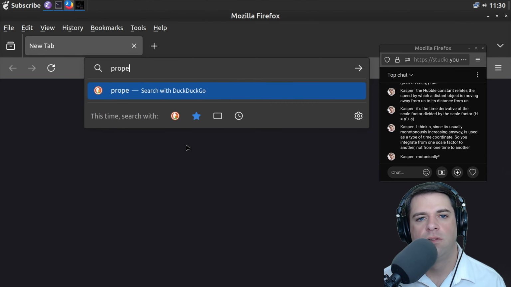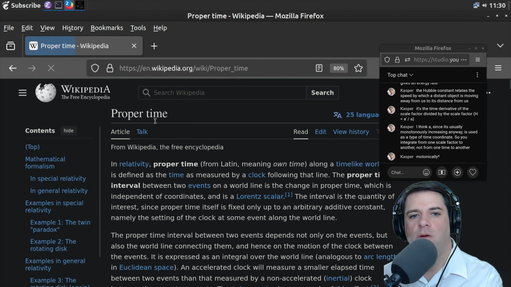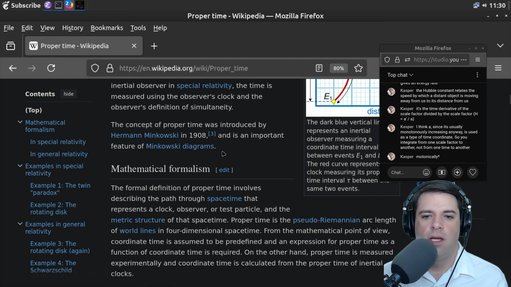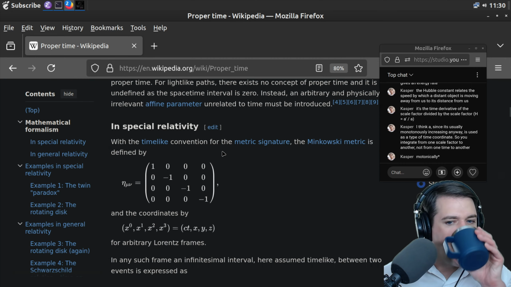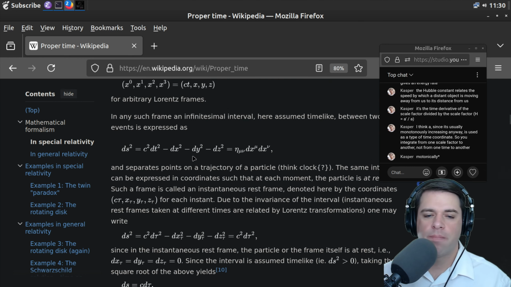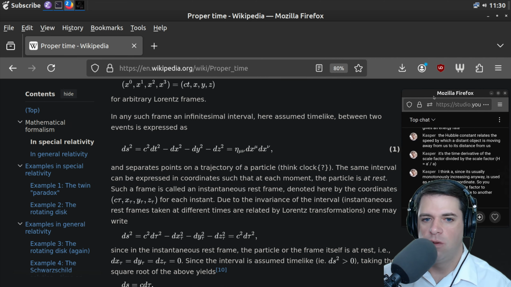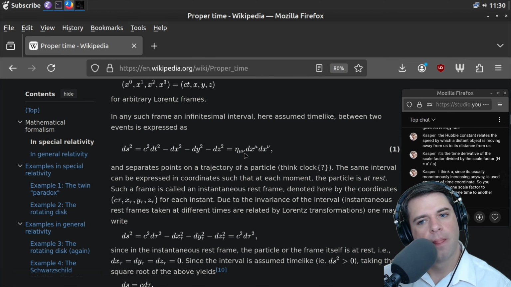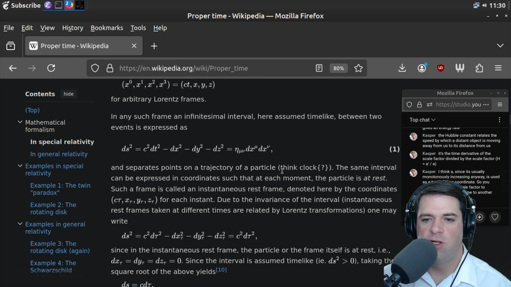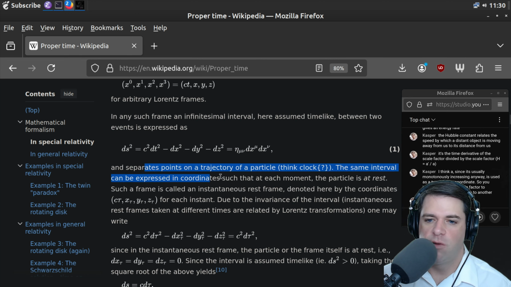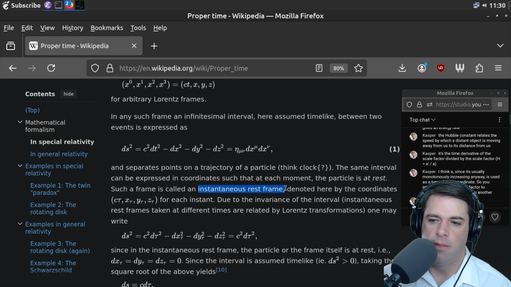I don't know what proper time is, but I think that's different, right? Any frame here assumed to be time lag between two events is expressed as this. This looks like a metric. We've got this, what is that? Nu sub mu eta. It separates points in the trajectory of a particle. Think clock. The same interval can be expressed in coordinates such that at each moment the particle is at rest. Such a frame is called an instantaneous rest frame.